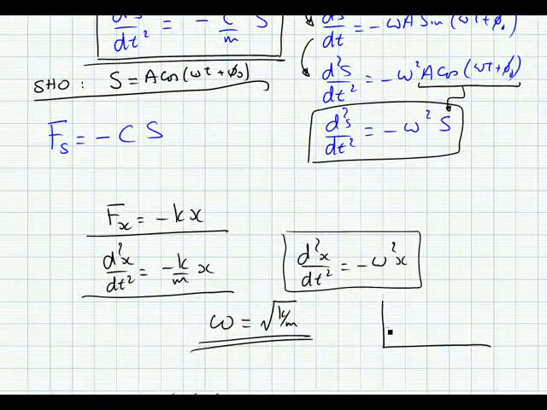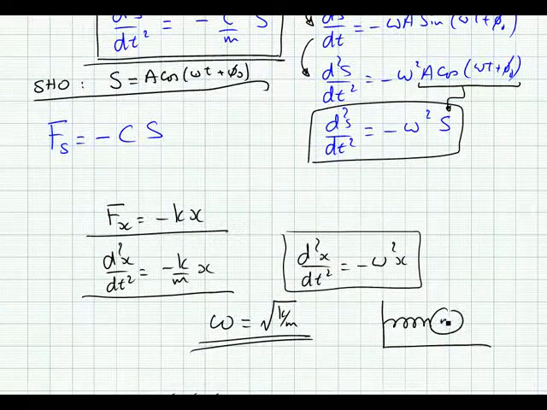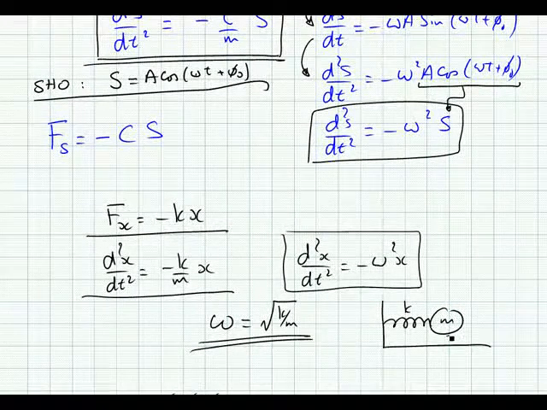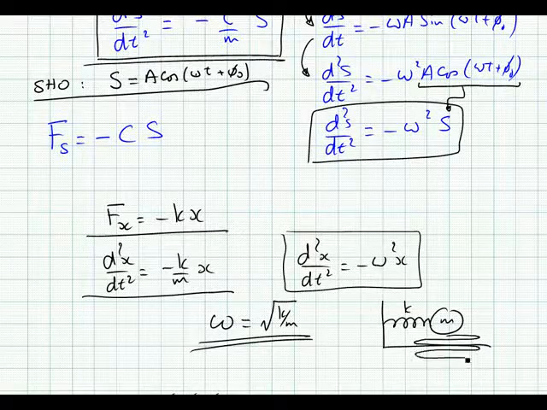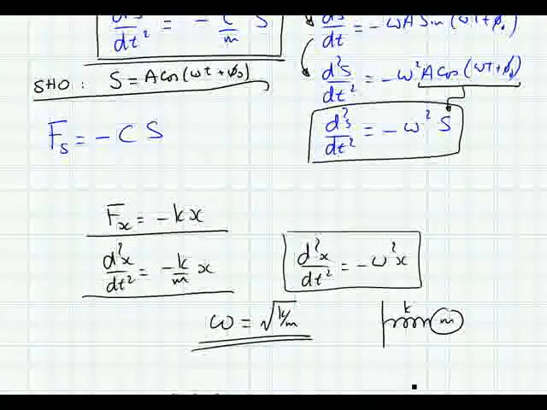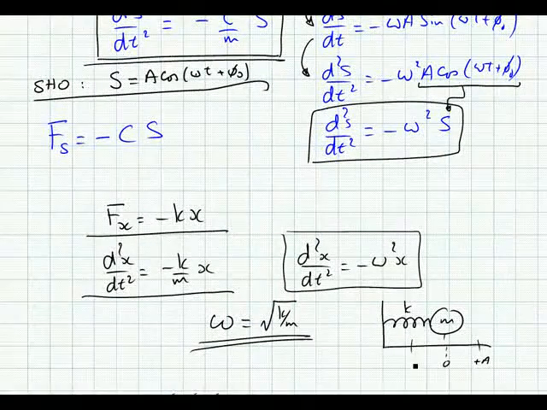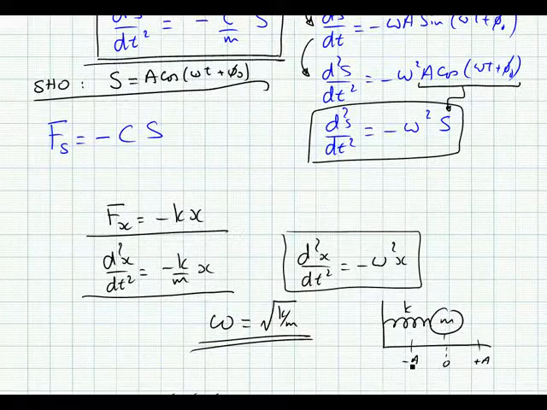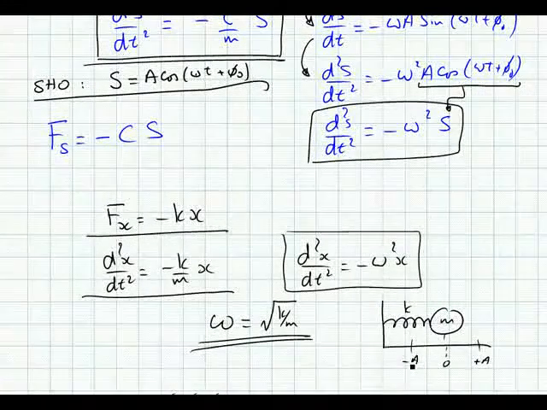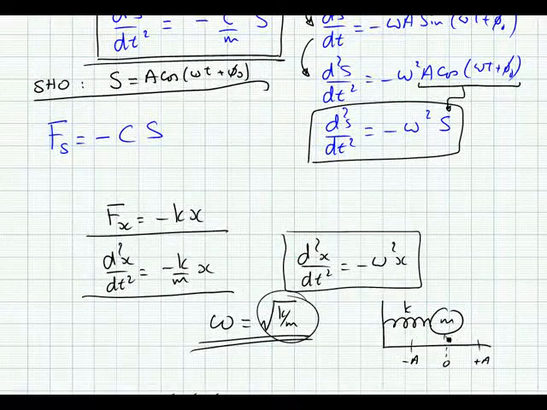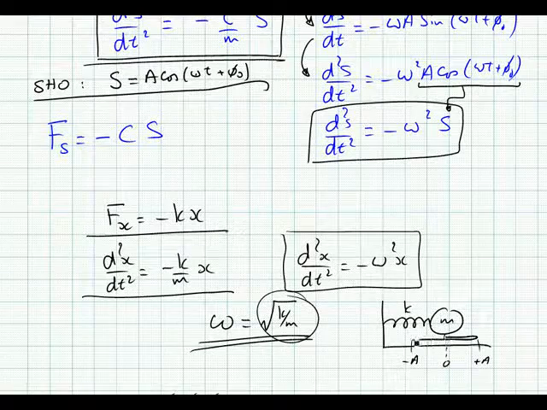This means that if you have a mass attached to a spring which has a spring constant k, and we stretch the spring and let go, the mass on the spring will oscillate in a simple harmonic manner in between plus A and minus A with an angular frequency of square root of k over m. So A is the amplitude of oscillation, right?